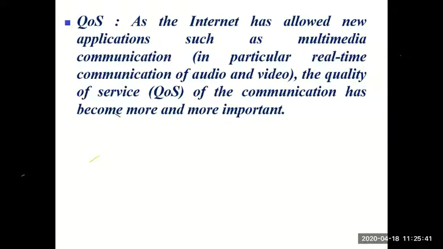When you're watching an online video stream, remember, we don't want that buffering delay. We want it to play as fast as it comes. I don't want to have a delay in watching the movie, right? So throughput or data rate becomes important.